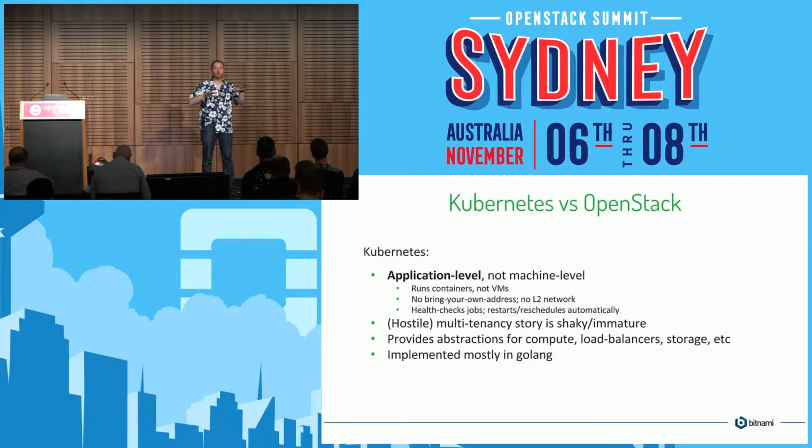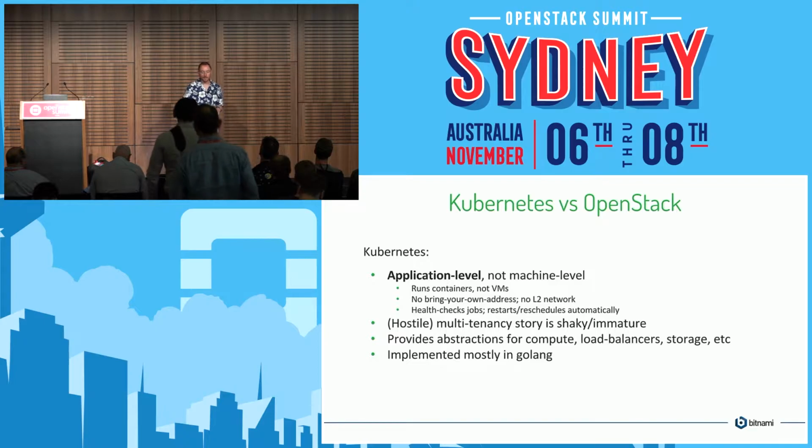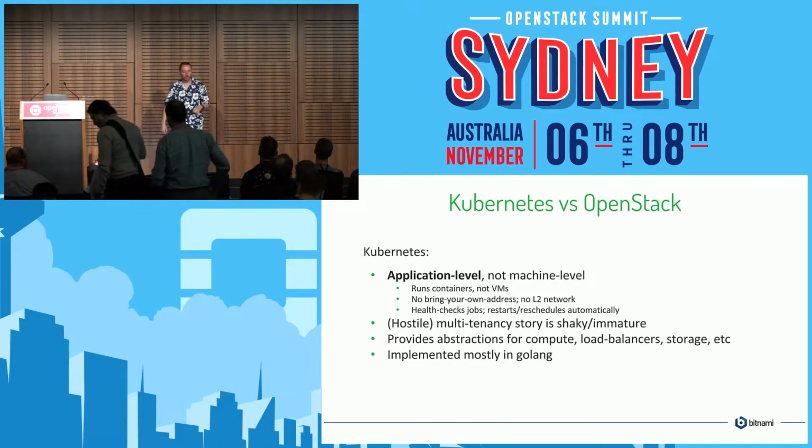Kubernetes, on the other hand, is much more dynamic, much more active in managing your containers. When it stops answering health checks successfully, it will kill and restart it. If a node goes away, it will reschedule those containers on other machines automatically. So it's a lot more automatic in handling machine failure. Those are the main high-level differences.